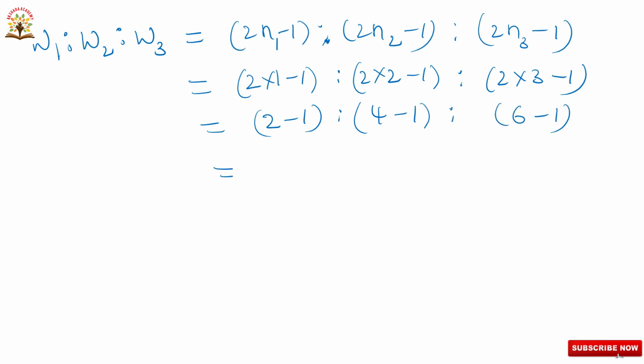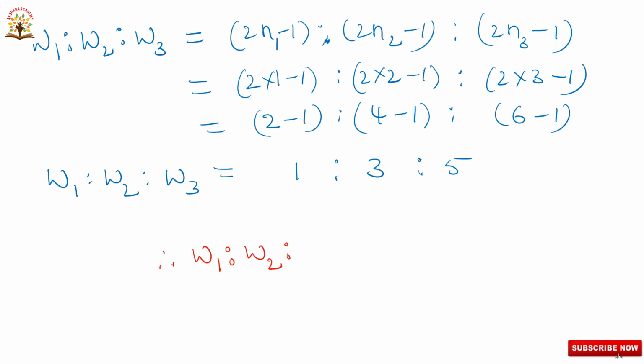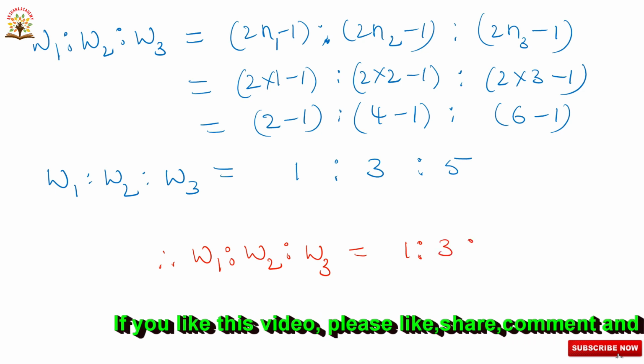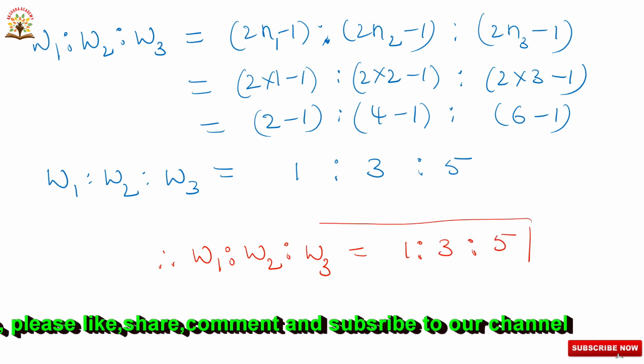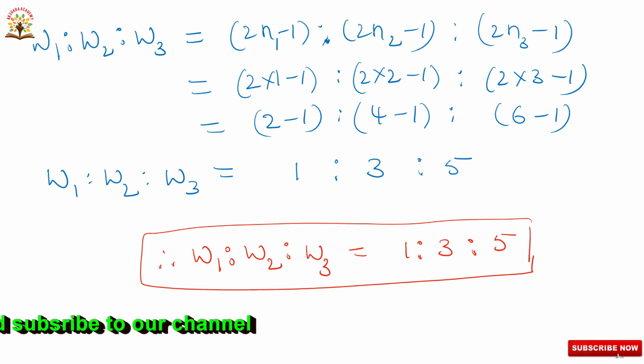So that is equal to 1, 3, 5. So the work done by the force of gravity in the first second, second second and third second, W1 is to W2 is to W3, is equal to 1 is to 3 is to 5. This is the final answer.